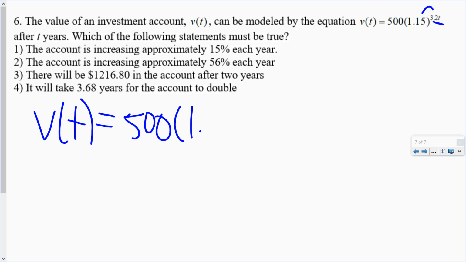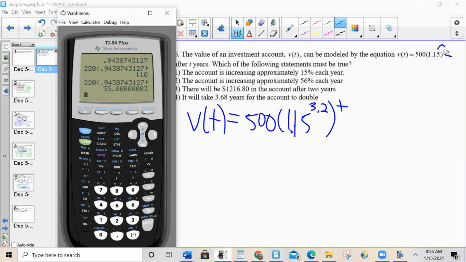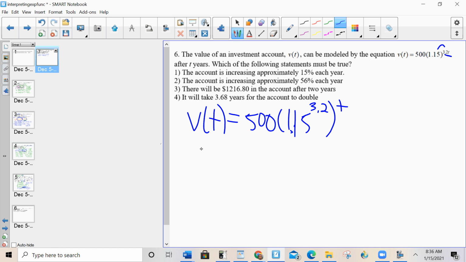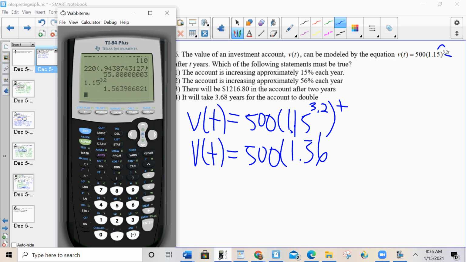I'm going to do 1.15 to the power of 3.2. And I get 1.56 and a bunch of stuff after. Let's write a little bit more than that out. 1.56398 to the power of t.